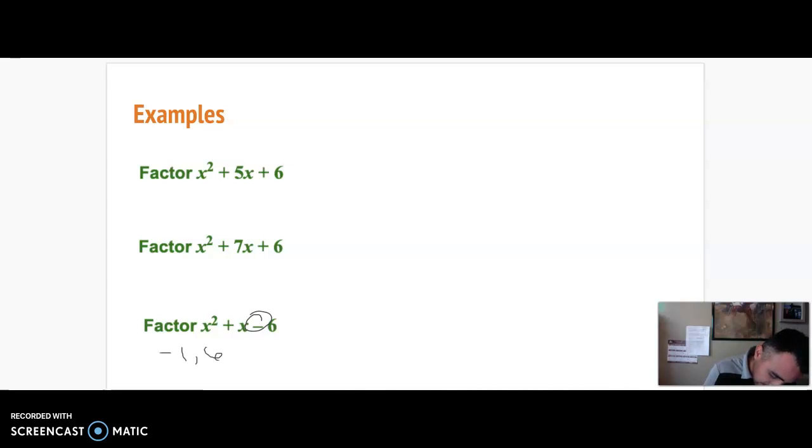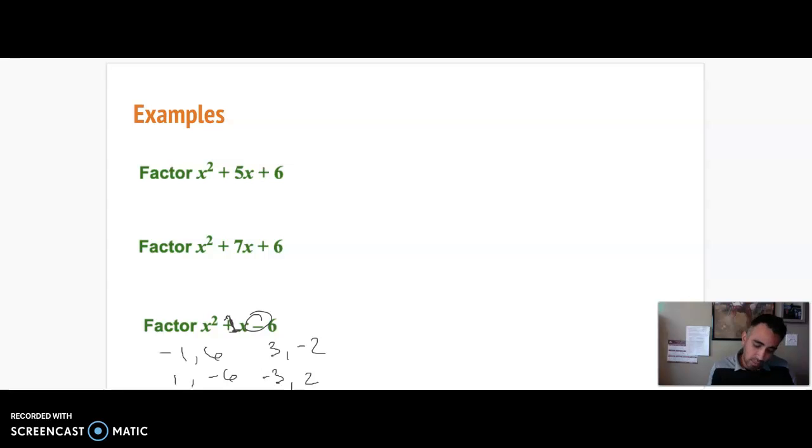We have a 1, negative 6. And then we have a 3, negative 2, and a negative 3, 2. So these are our options for getting a negative 6. But notice that the x in the middle is a positive 1 in front of that. Positive 1.